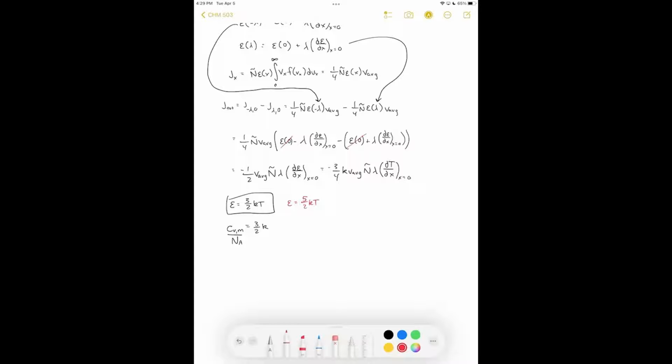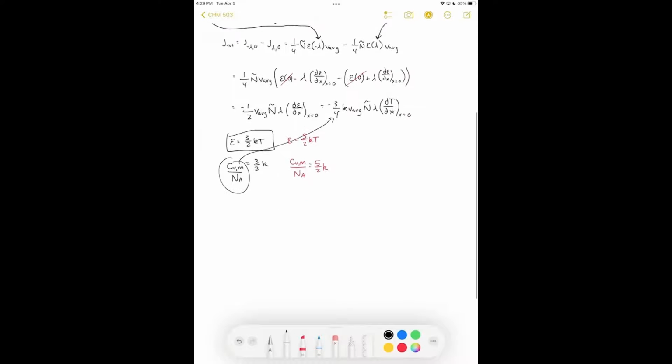Moving over to our diatomic gas, the same thing is true. So C_V,m over N_A would now be 5/2 k. And so instead of using this assumption of relating energy to temperature, we can actually just use the heat capacity. So we can substitute in C_V,m over Avogadro's number for 3/2 k.